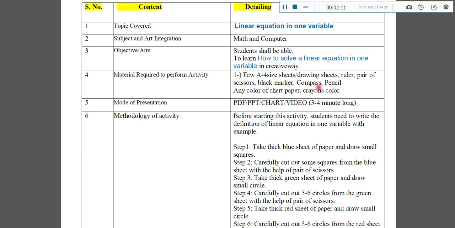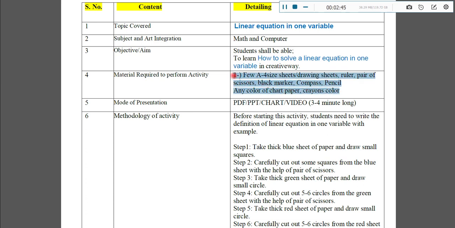Now the objective or the aim of this activity is to learn how to solve a linear equation in one variable in a creative way. The material required to perform this activity is A4 size sheets, or you can take colored drawing sheets, like yellow, pink or green drawing sheets, a ruler, pair of scissors, black marker, compass, pencil.